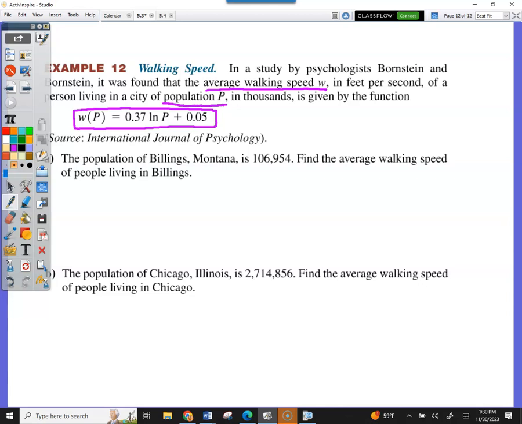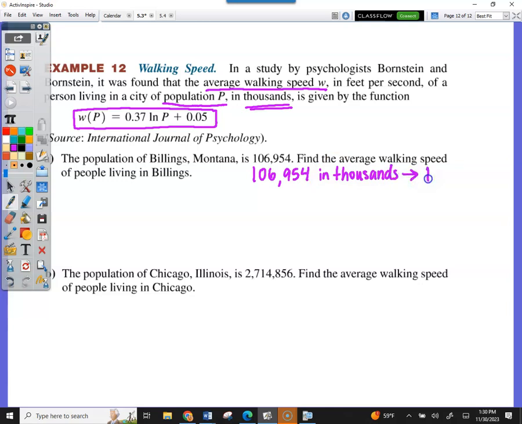By the way, this does say population P is in what, y'all? Thousands. Okay. So if it's in thousands, 106,954 in thousands would look like this.